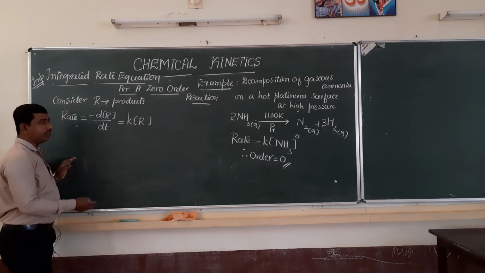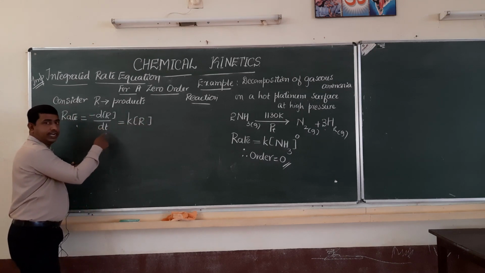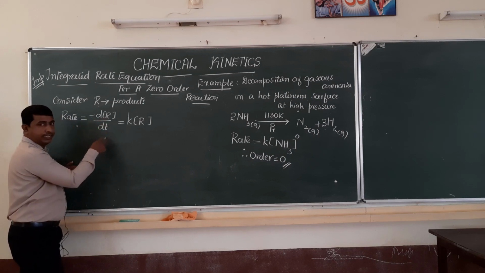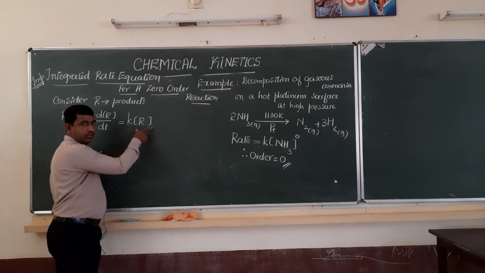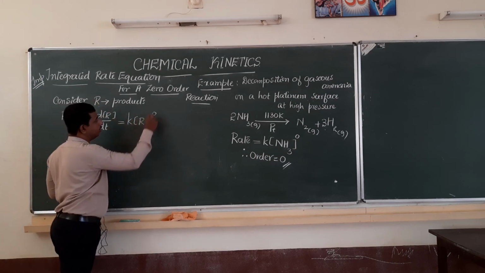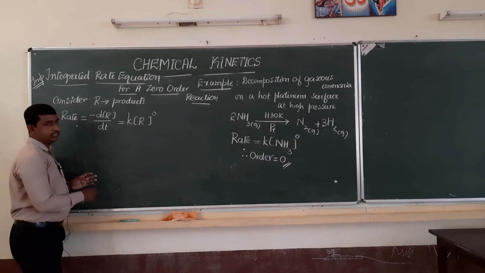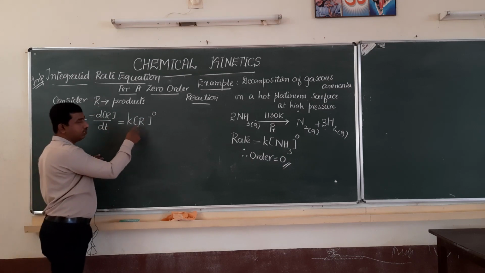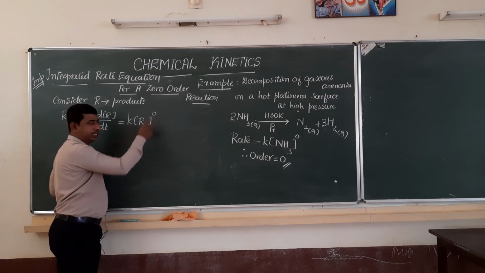In the rate law we write the rate and the molar concentration, correct? Rate equals minus dR by dt. The concentration is that of the reactant, R. Since it is zero order, the power is 0. So rate equals K into the concentration term to the power 0.